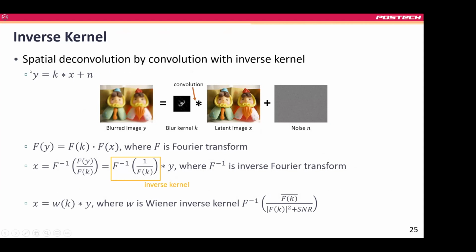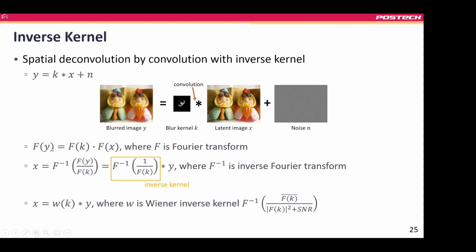This is a typical blur equation. This is the blurry image, this is the kernel, this is the sharp image, and this is noise. We usually use convolution for this deblurring model. When we apply the Fourier transform to both sides, we get this, ignoring the noise part.